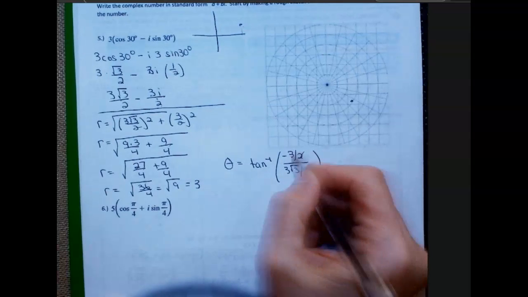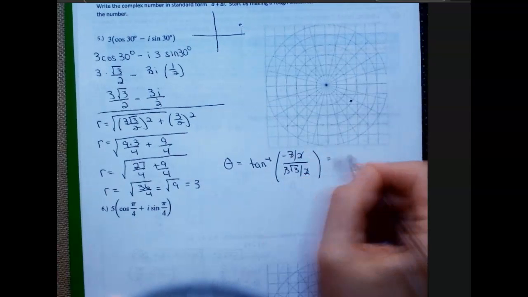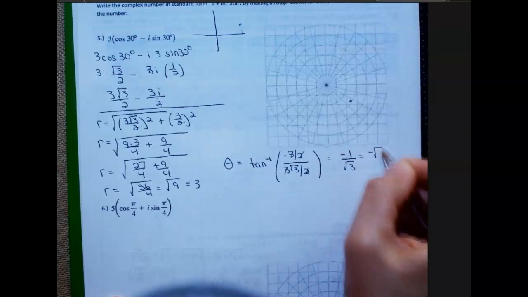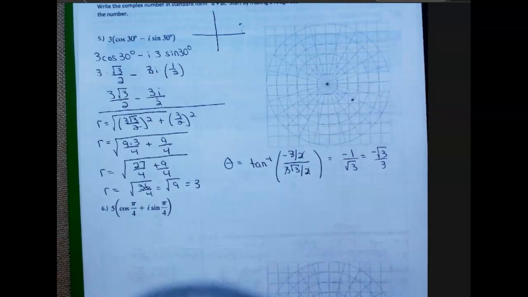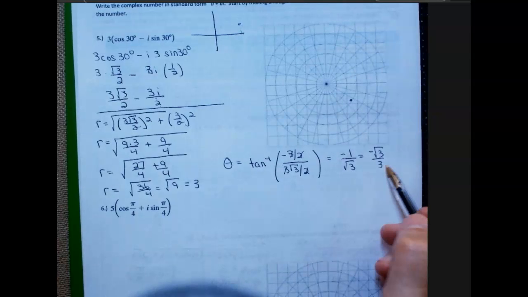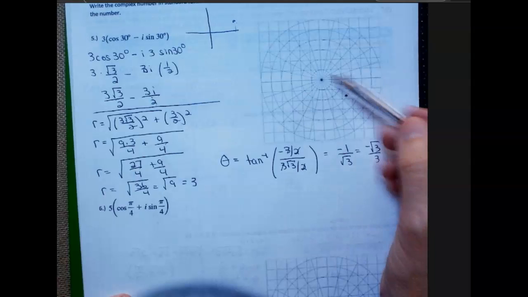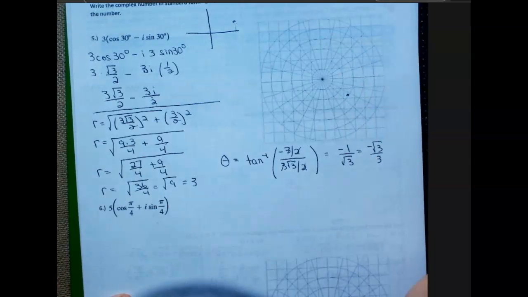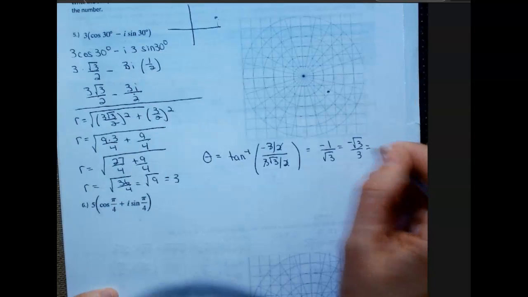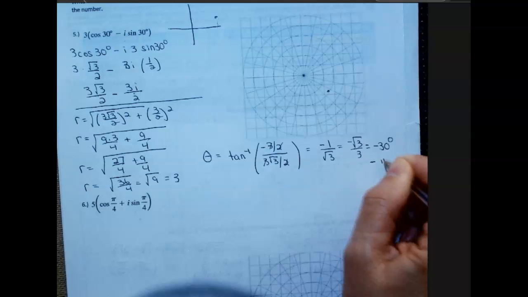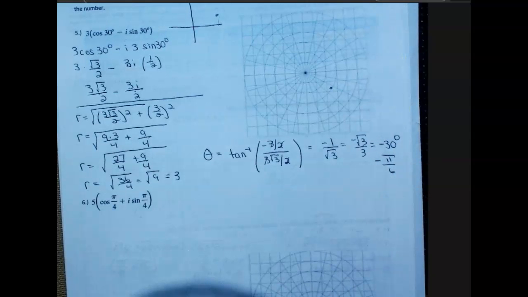These 2's cancel, actually those 3's cancel, so I'm left with negative 1 over radical 3, which simplifies to negative radical 3 over 3, and I'm looking for when is the tangent equal to that. So I know it's down here, and it's the less steep, which would be that first increment, which ends up being approximately negative 30 degrees, or negative pi over 6.